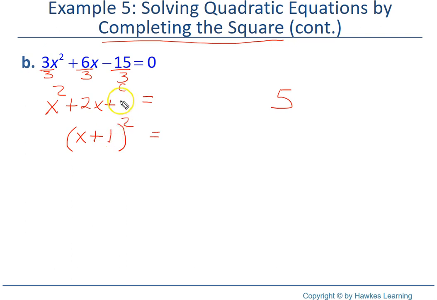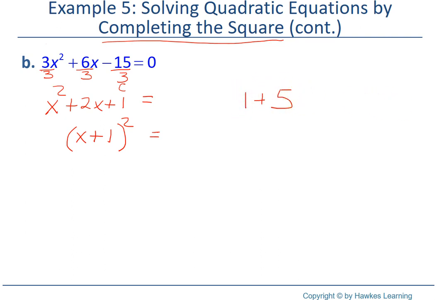Well, I square this and I get a 1. But now it's not an equation anymore, because I've added 1 here. To keep it an equation, I have to add 1 there.